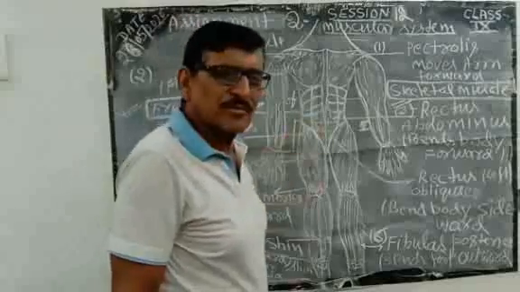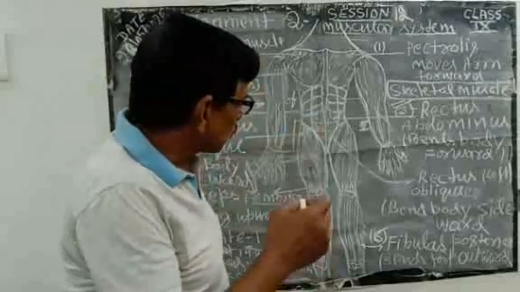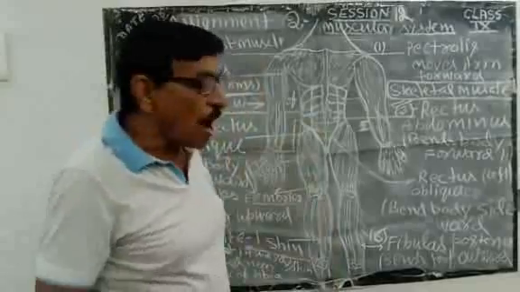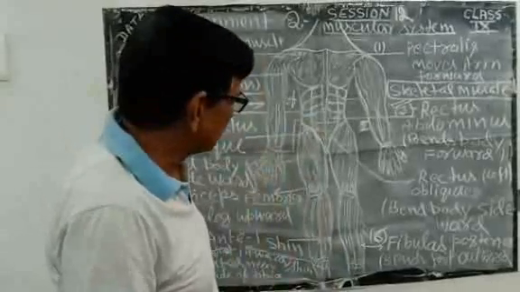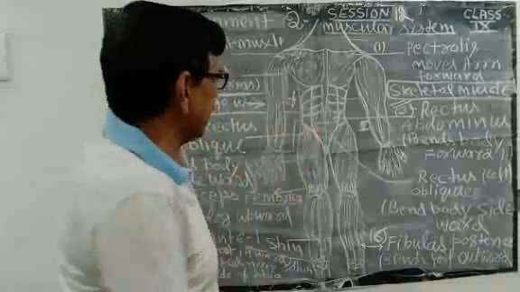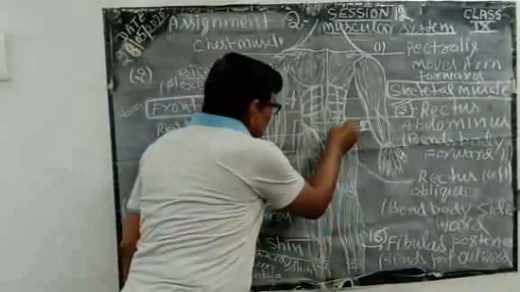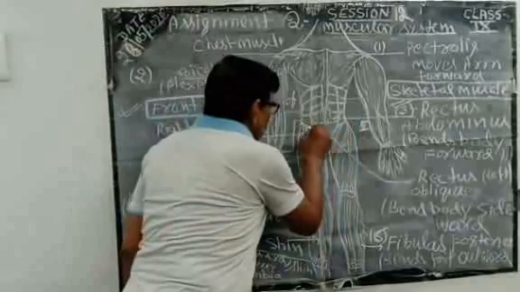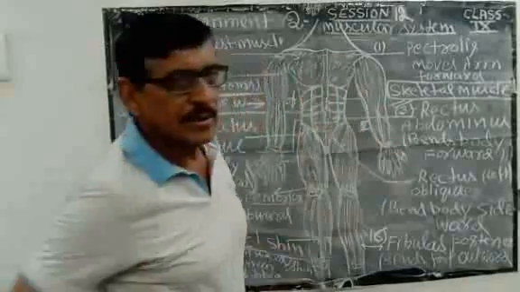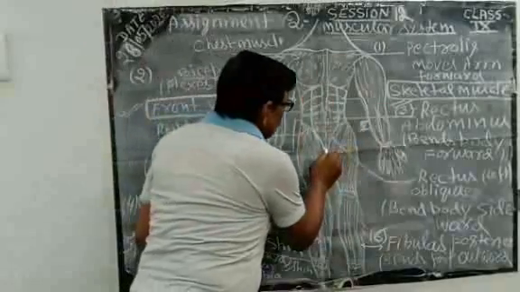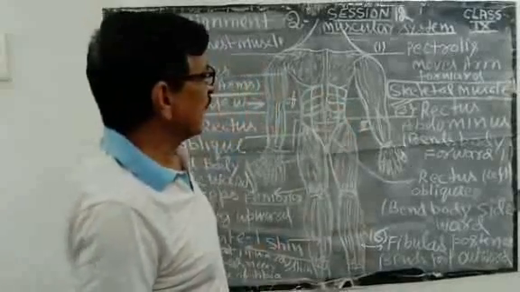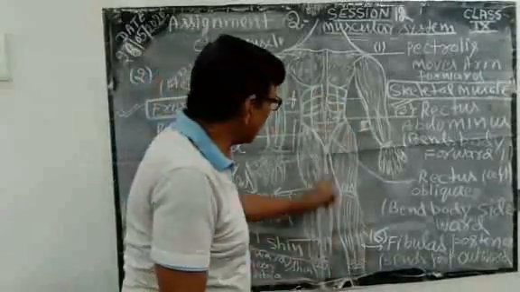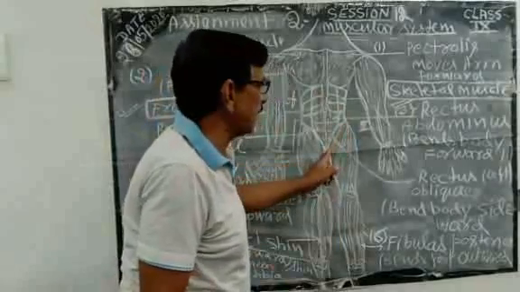It has two oblique groups. One is situated on the left side. This one is the oblique. One is situated on the left side near the upper thigh.